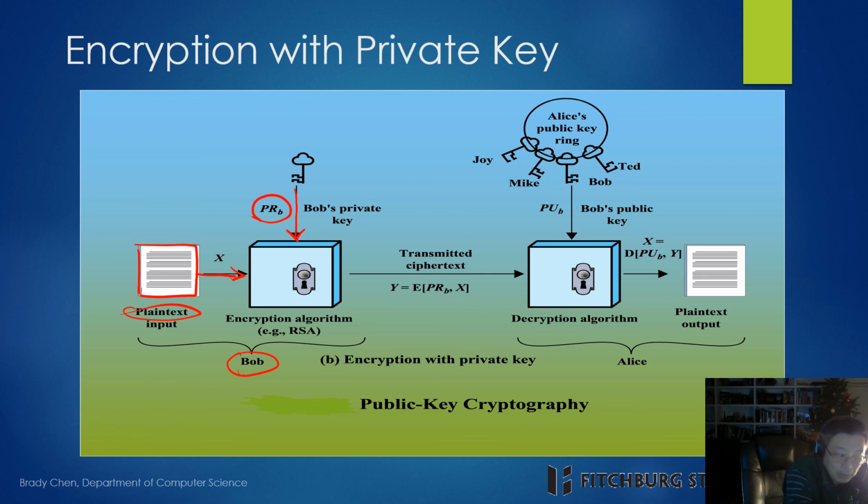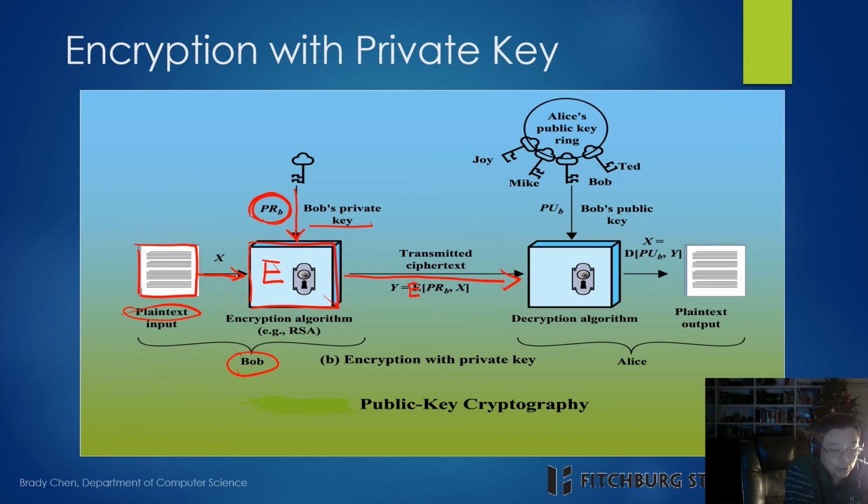Okay. Now this is another scenario: Bob encrypts the message using Bob's private key. So Bob's private key and X are encrypted using the encryption algorithm. This is going to generate a ciphertext.